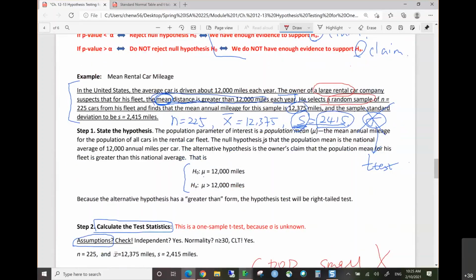We didn't assume this assumption is checked. We just say, since the population is large, that's why our assumption is checked. You see the difference? Yes. Perfect. You still need to give some details about why this assumption is checked, but we never assume this assumption is correct or checked.